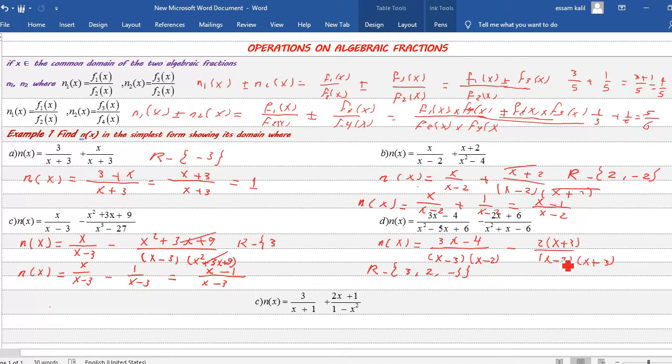Make the simplest form. What is the common brackets between the denominator and numerator? Does not exist in the first, but the common factors exist between the denominator and the numerator.